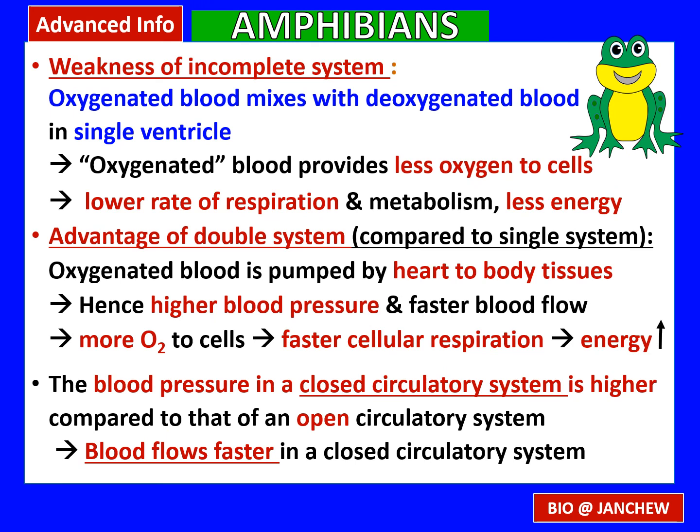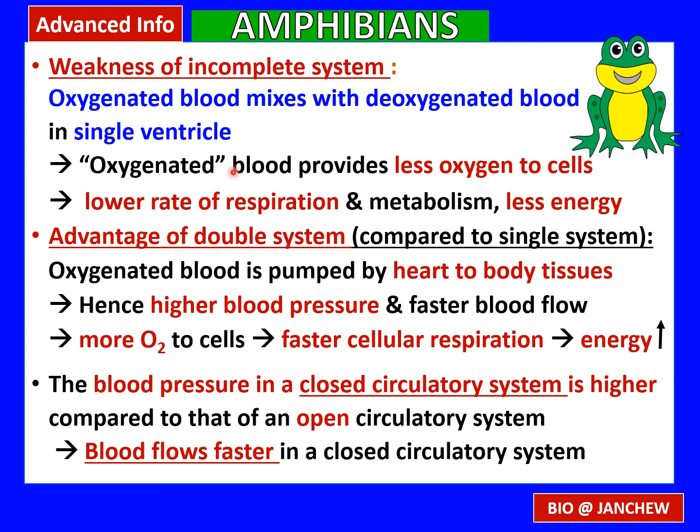Lastly, here's some advanced information about the advantages and weaknesses of the frog's circulatory system. Firstly, the frog has an incomplete circulatory system. The weakness of this incomplete system is that oxygenated blood mixes with deoxygenated blood in the single ventricle of the frog's heart.